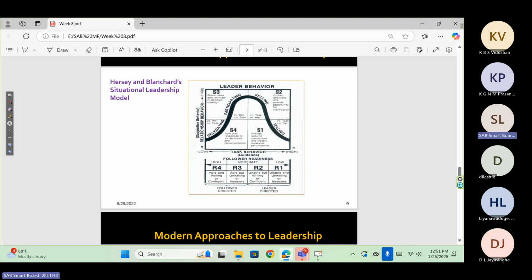Therefore, for this position, the manager is supposed to have an autocratic leadership style, telling style. The manager should make the decision alone. Then it should be implemented, with the followers' responsibility and authority. Right. That's what is mentioned here.